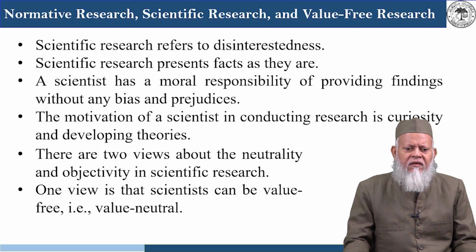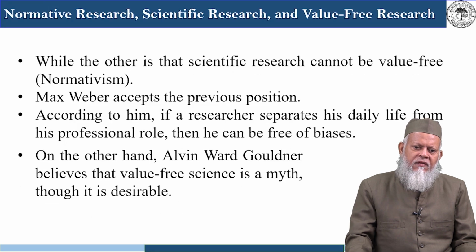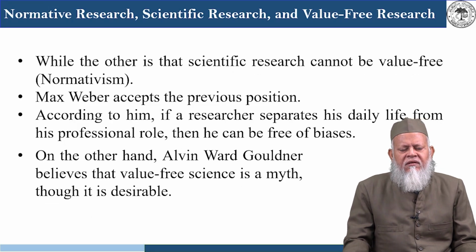However, there are two views about the neutrality and objectivity in scientific research. One view is that scientists can be value free, that is value neutral, while the other is that scientific research cannot be value free, that is normativism.